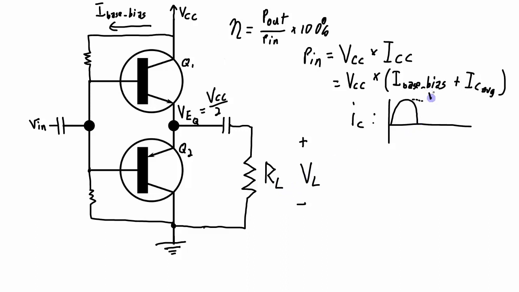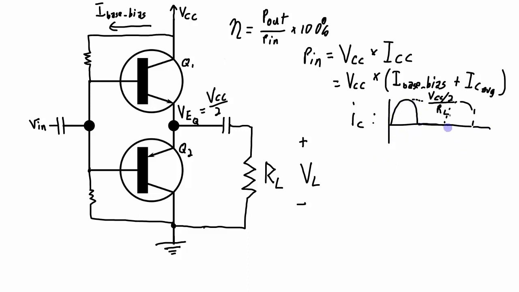And that maximum voltage across the load is going to be half of VCC, because remember this is biased to VCC over 2, divided by RL. This transistor is biased on only half the time, so this is going to look like a half wave rectified sine wave. So we'll see half the sine wave, and then we'll have 0. And then we'll see half the sine wave, and then we'll have 0.